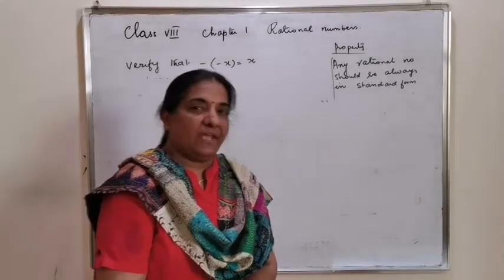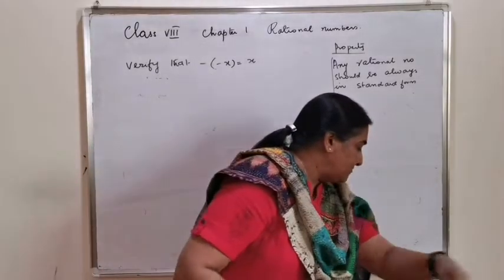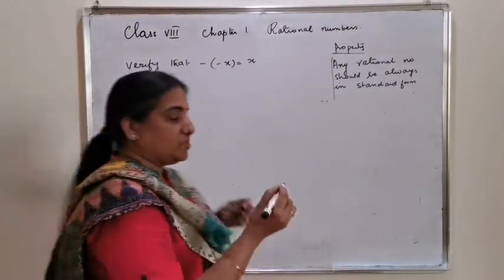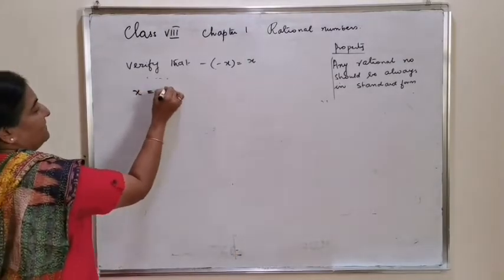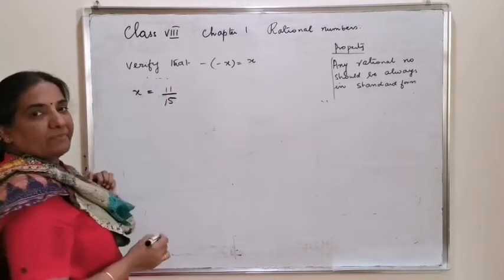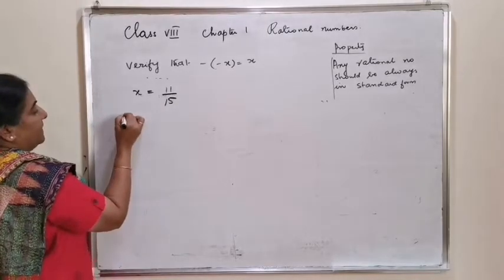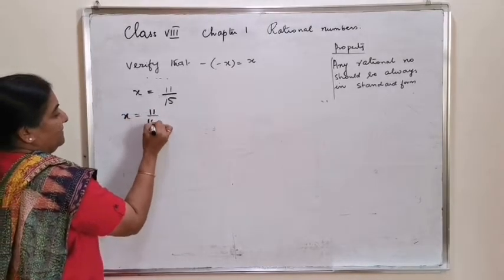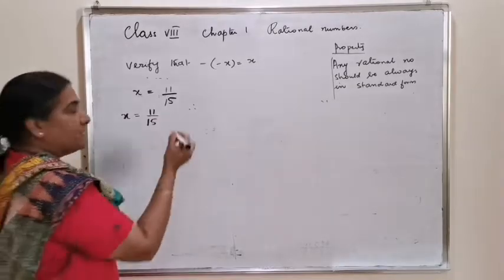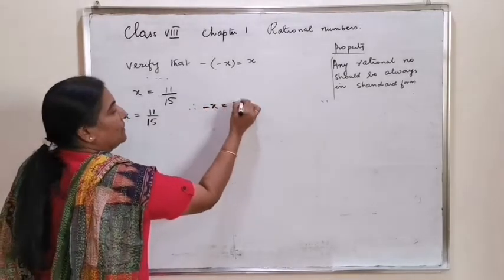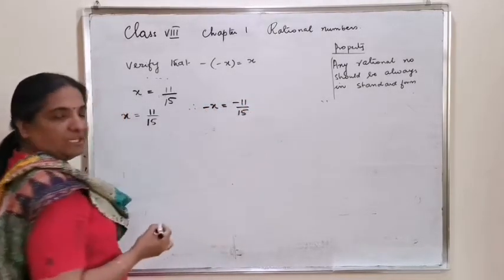Now in the same way you can proceed with question number 3. The first one, x value is 11 by 15. You can proceed as x is equal to 11 by 15. Therefore, minus x is equal to minus 11 by 15.